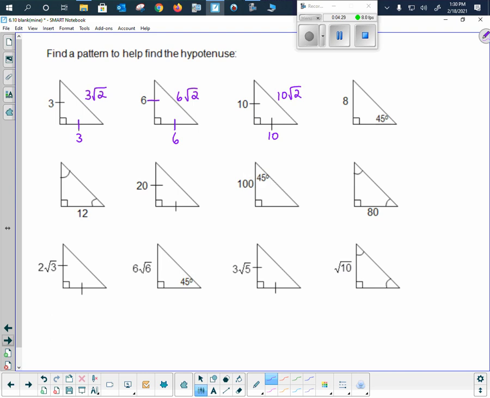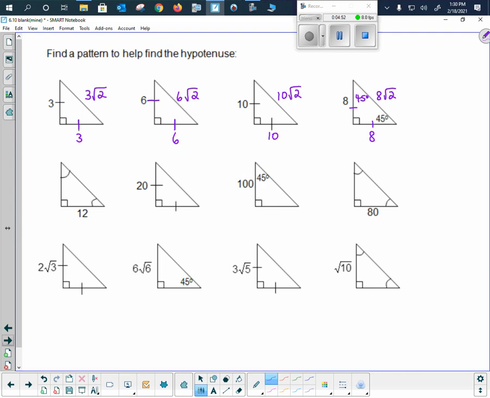And then the last one here in this column, is this a 45, 45, 90? Well, if you do 180 minus the 45 and the 90, you would see that that is, which means you're supposed to know automatically that these two legs are equal. So this would be 8, and this would be 8 root 2.